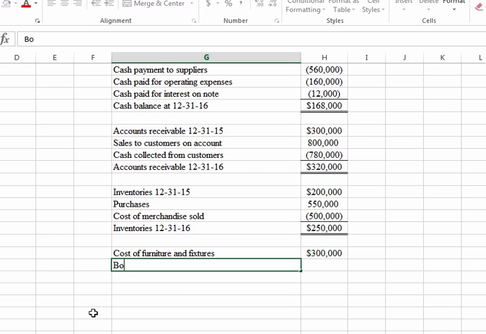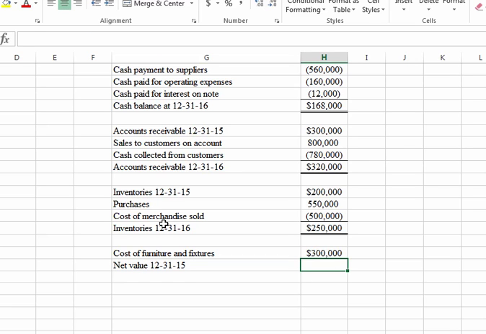Book value, which is cost minus accumulated depreciation, they're calling it net. Net value on 12-31-15 was $150,000. So let's subtract that out.